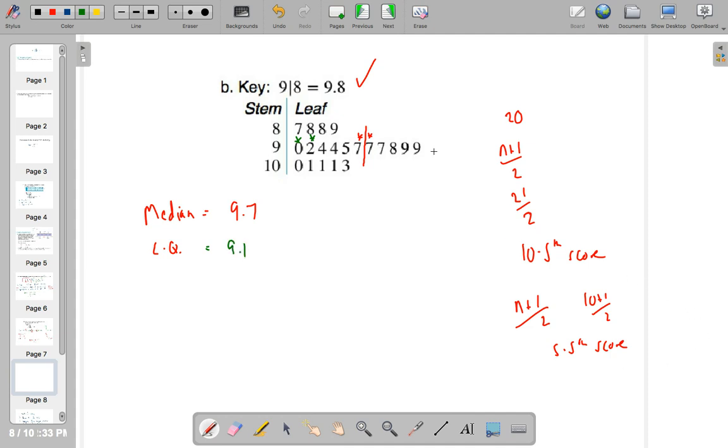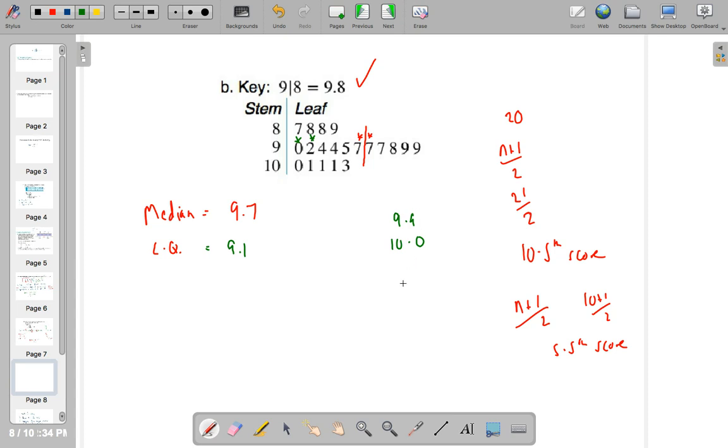Now, because the upper half also has 10, once again, it's the 5.5 score, same thing. Okay, 1, 2, 3, 4, 5. So the 5th score there is 9.9. The 6th score is 10.0. Right, what's halfway between them? That's a tough one.